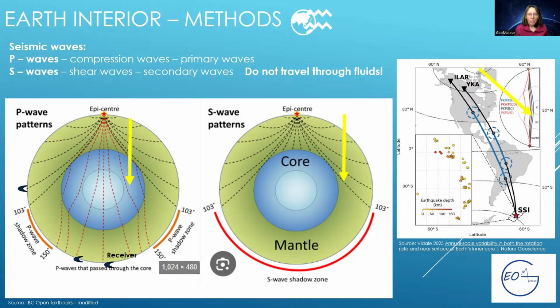For example, South Sandwich Islands earthquakes recorded by Ilson and Yellowknife in northern North America. Why? Please compare the depth of the outer core and inner core, respectively 2,900 and 5,200 kilometers, to the average radius of our Earth, 6,371 kilometers.